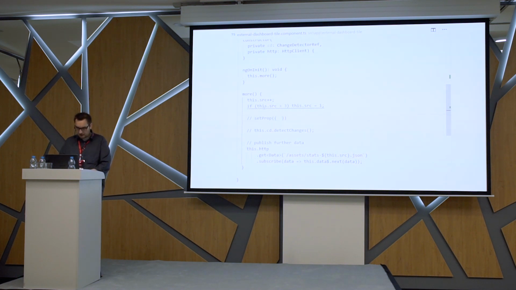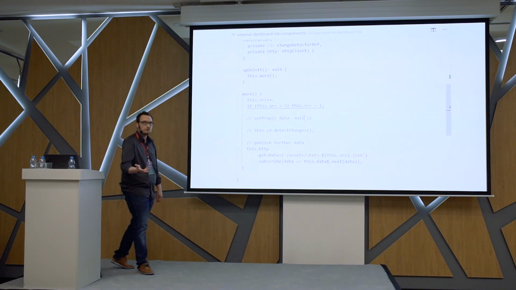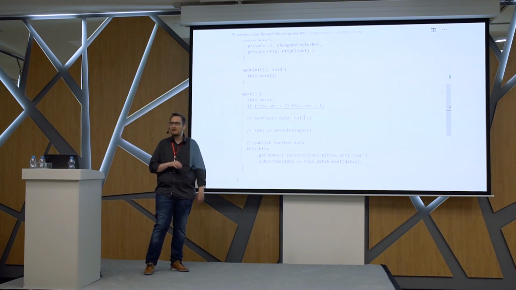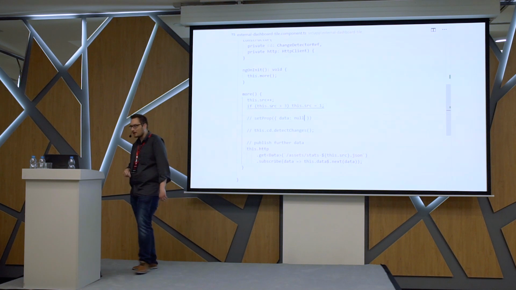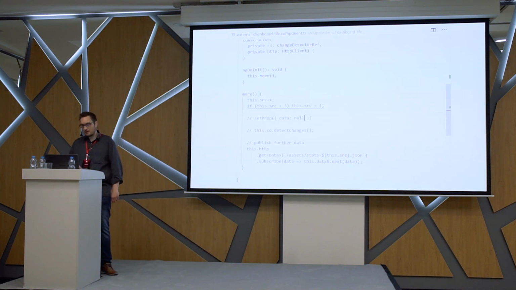And every time I'm calling set property, I can define that, for instance, data gets a new value, for instance, null, and at the end, set property could do change detection. This is similar to how we have change detection in React, I guess. And there are also further different approaches here to get rid of zone.js.